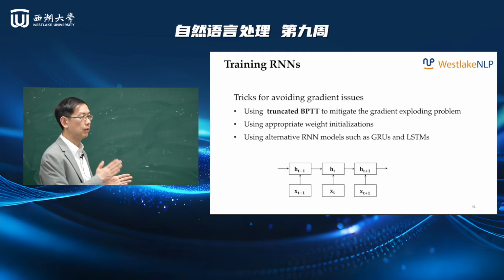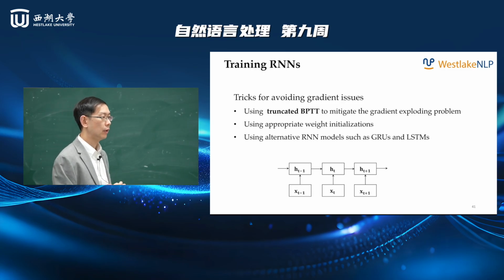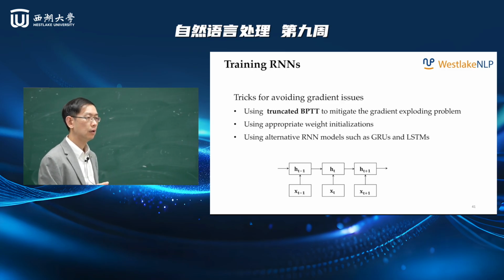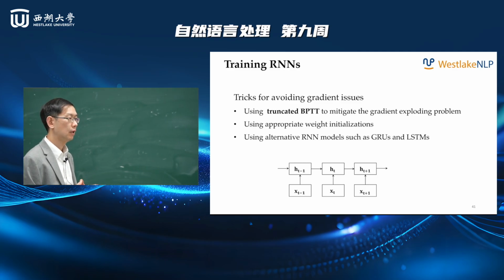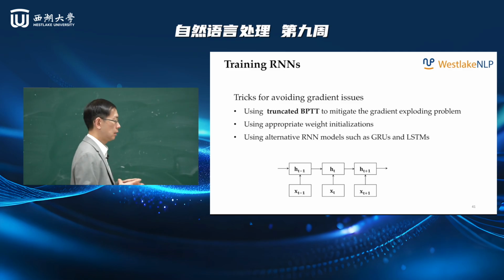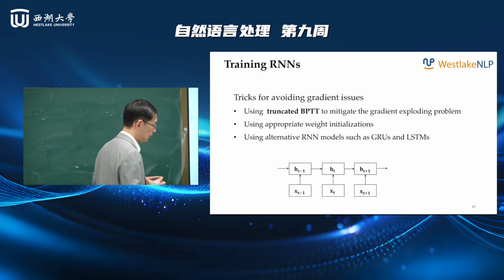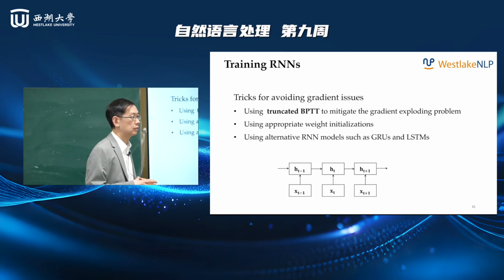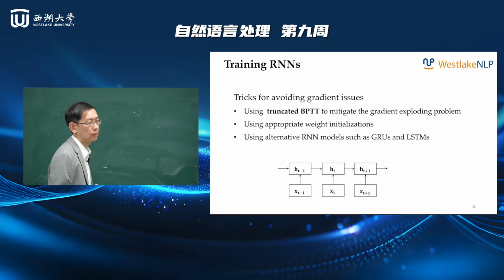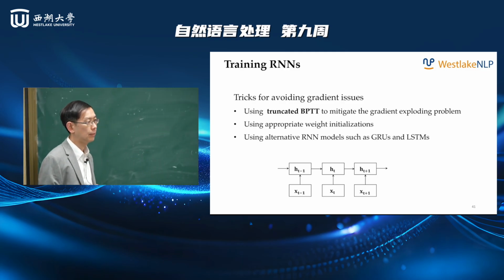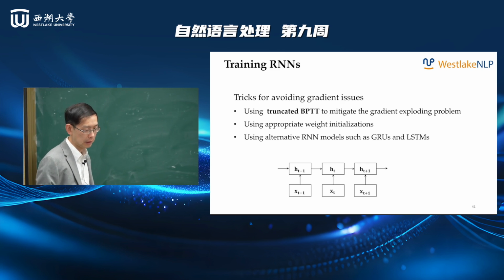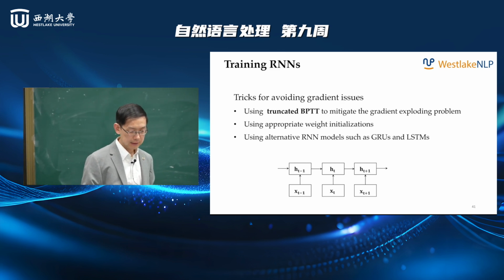You can just backpropagate the gradient for a few fixed steps, and you stop there. Okay, but in that case, you don't train the neural network as accurately as if you backpropagate the gradient until the first layer.